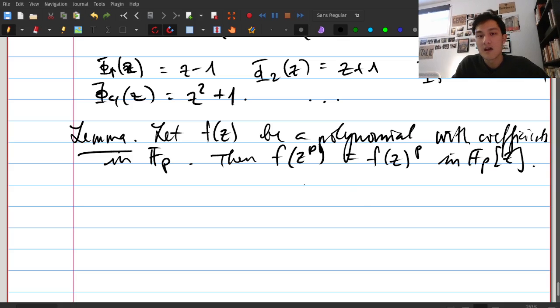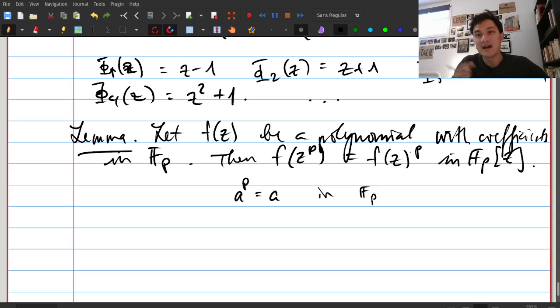Okay? Now, we need to break down the statement a little bit. This is not saying that these are equal as functions from F_p to the complex numbers, right? Because that would be immediate. We have Fermat's little theorem that says a to the p equals a in F_p, right? So that would be immediate, right? Because then f(z) to the p, well, that's the same as f(z), and then f(z) is the same as f(z to the p).